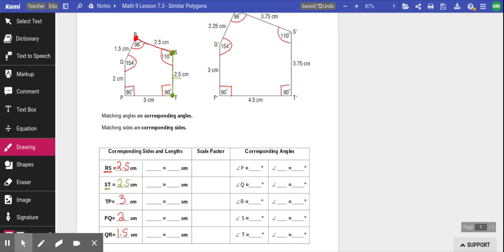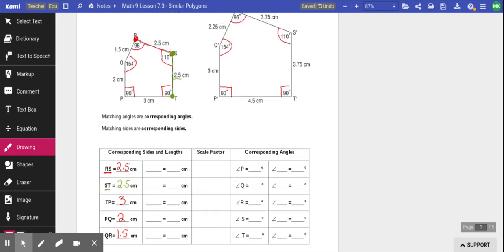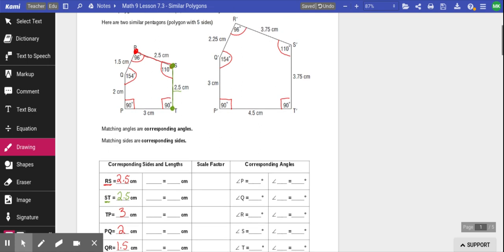Perfect. We want to figure out the corresponding side length. That means it's the same side length, but on my bigger object. So for instance, from R to S would be from R prime to S prime. This right here on my new object to this right here on my new object. And that is now 3.75. If you look at ST on my corresponding corners, that's S prime to T prime, and that's 3.75.